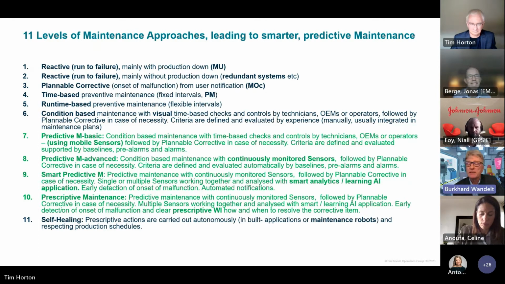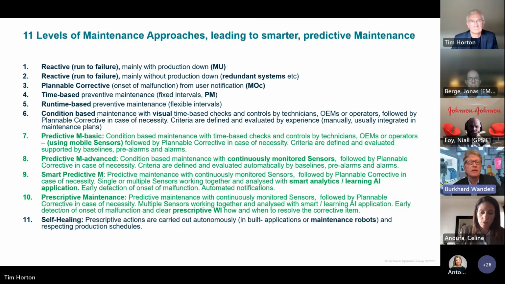So reactive maintenance, we all know it, is usually associated with urgent maintenance: breakdowns, production stops, you don't have a redundancy, and it's the worst case of the failure pyramid that you can imagine.